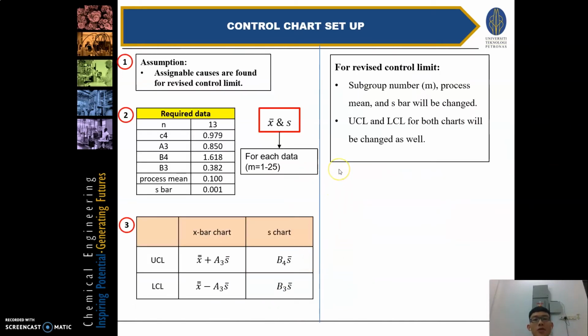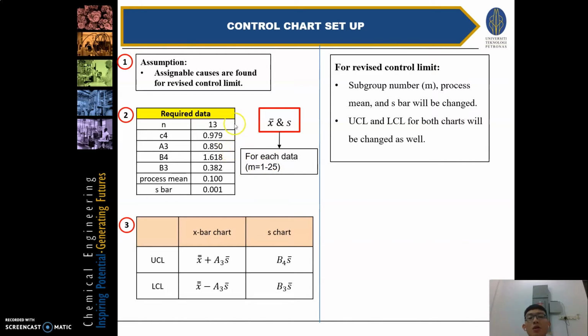So for the control chart setup, we assume that assignable causes are found for the revised control limit, and then we will calculate the X bar and S from each subgroup from m equals 1 to 25.